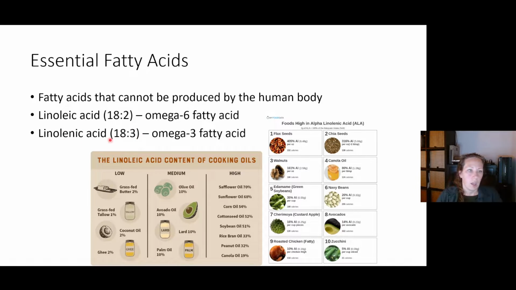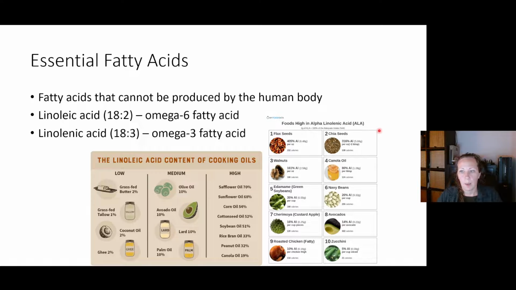It can kind of help to say 3 double bonds and it's omega-3, but that's actually not why it's omega-3. Linolenic acid is sometimes called alpha linolenic acid, and so it's sometimes abbreviated ALA.